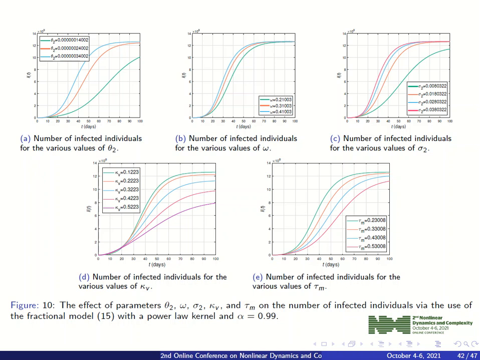Figures C, D, E depict the effect of parameters sigma 2, kappa V, and tau m, respectively. It could be obvious that the number of infected people decreased by the reduction of these parameters. Consequently, the quarantine class would be extremely crucial for the COVID-19 modeling.